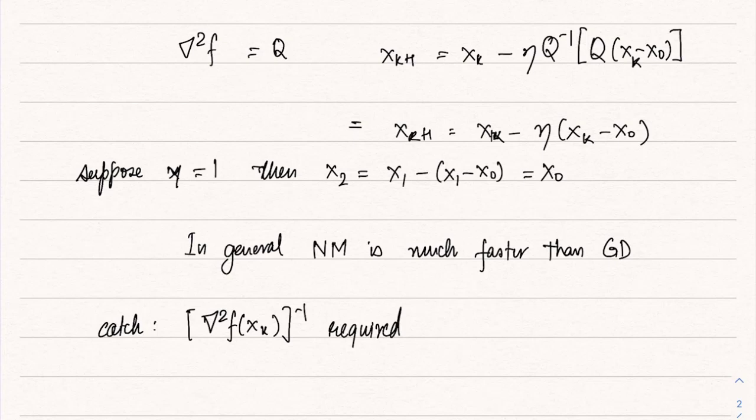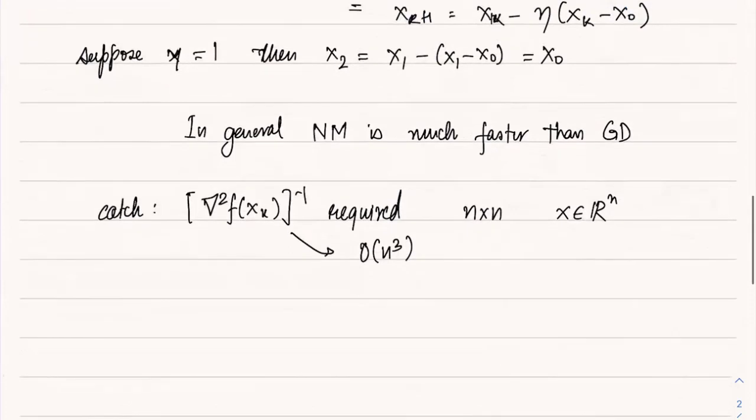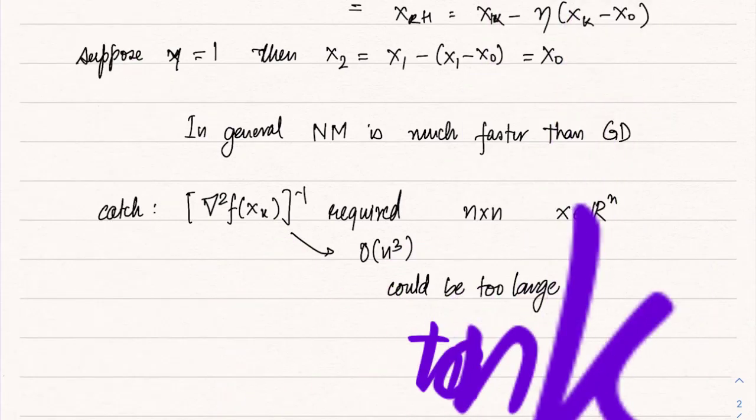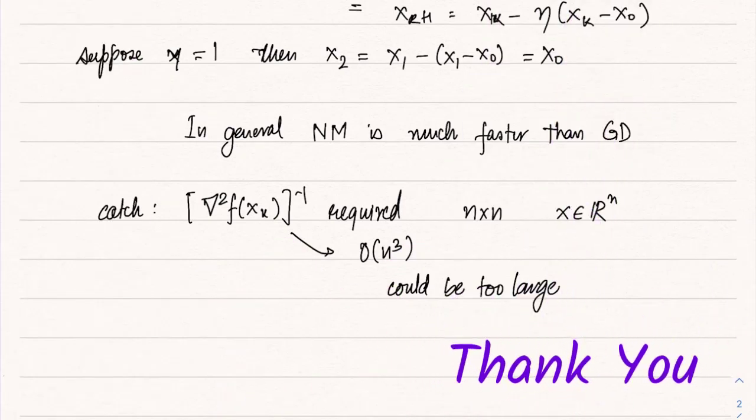So if you have an n cross n Hessian, or if x belongs to R^n, then the complexity of calculating the Hessian inverse is order n cube, and this could be very large, right? It could be too large. So there are scenarios, especially when n is very large, let's say 10 power 6, when you cannot apply Newton method. So Newton method is only applicable for small to moderate size problems. It is not applicable to large scale problems.